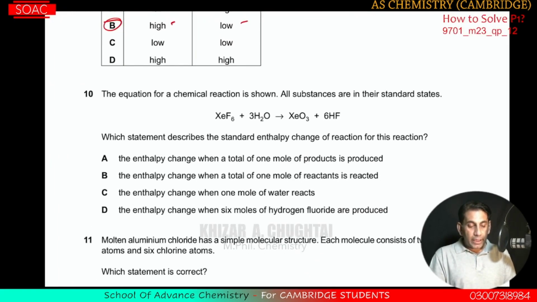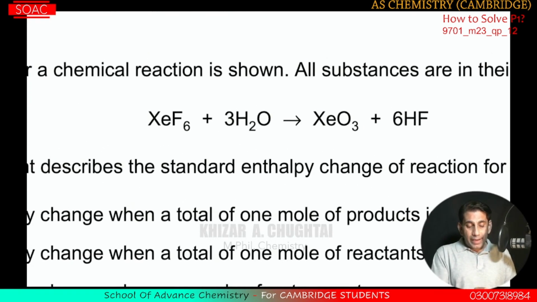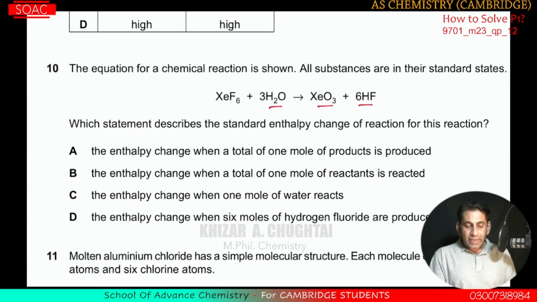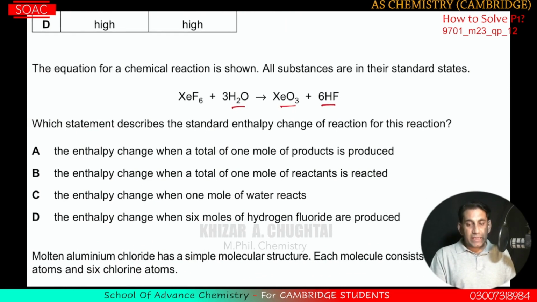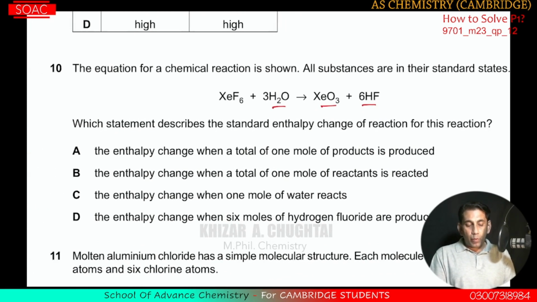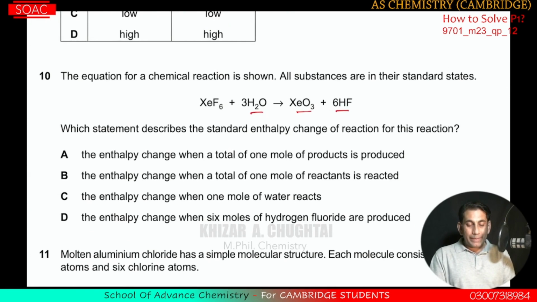Question number 10. The equation for the chemical reaction is shown, with all substances in their standard states. Xenon hexafluoride plus 3H2 gives xenon oxide plus HF. Which statement describes the standard enthalpy change of reaction for this reaction? Basically, what is the name of the enthalpy change of this reaction?